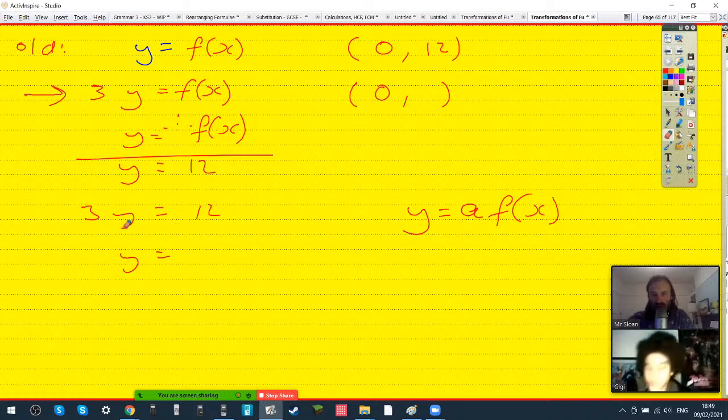That will divide by 3, let's say times a third. So let's say the old one, y equals 12. And so the new one? 3y equals 12, divided by 3. Y equals 4. And that will look like it's outside the bracket, not next to x, because it was brought from the other side.